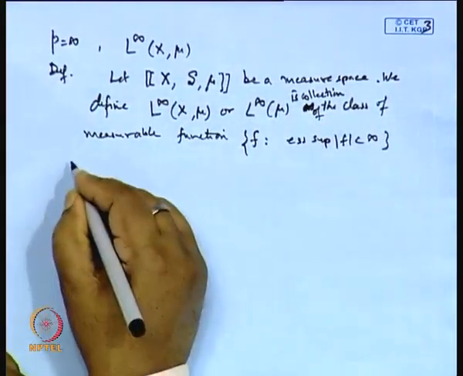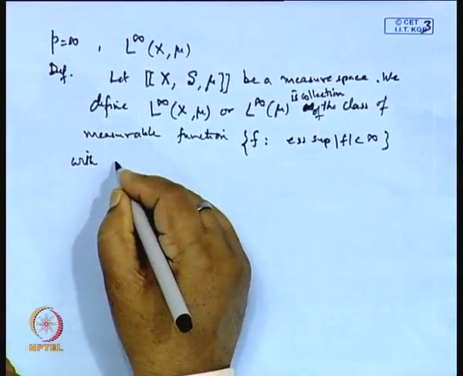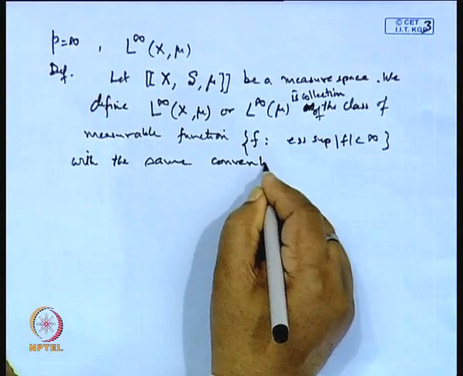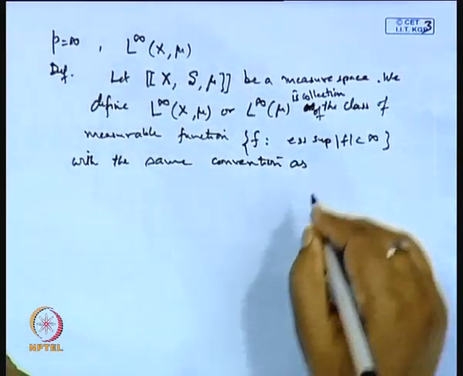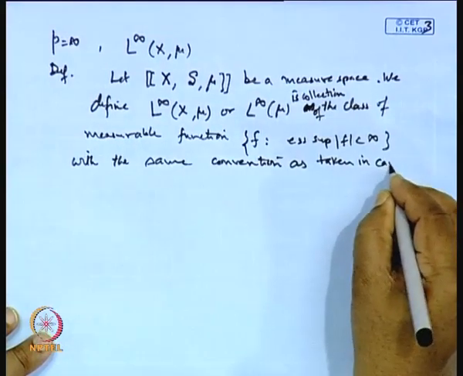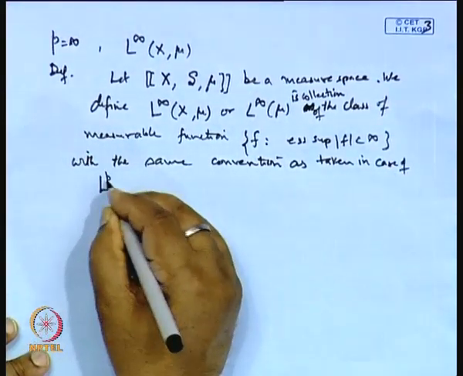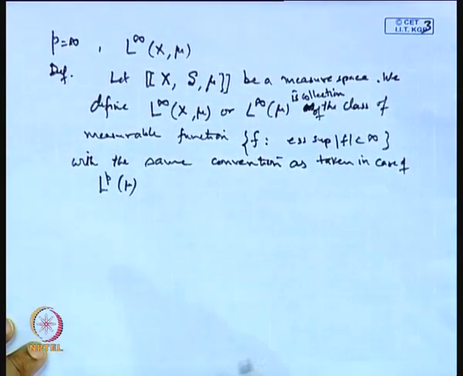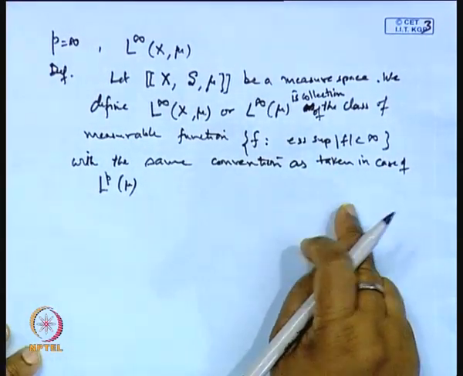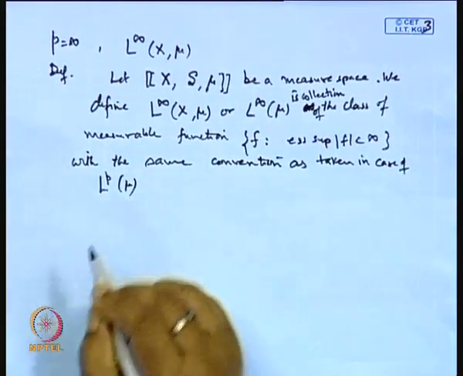With the same convention as we took in the case of capital L^p(μ), that is, any two elements which are equal almost everywhere belong to the same class. So, that is the condition.